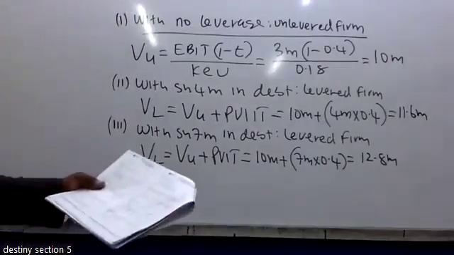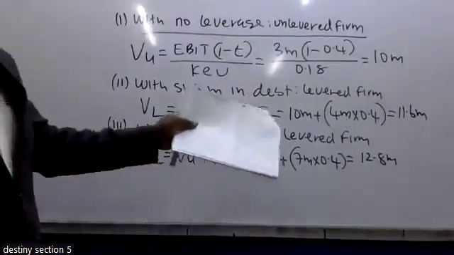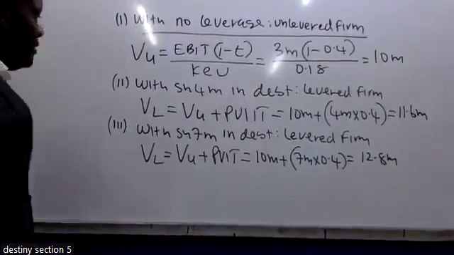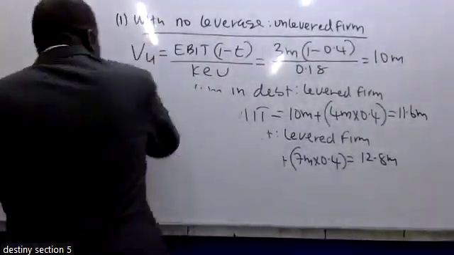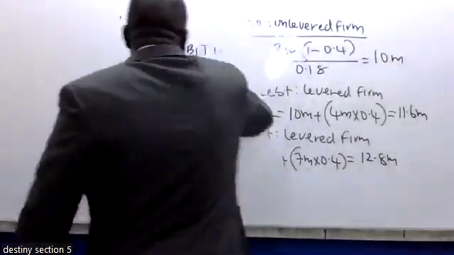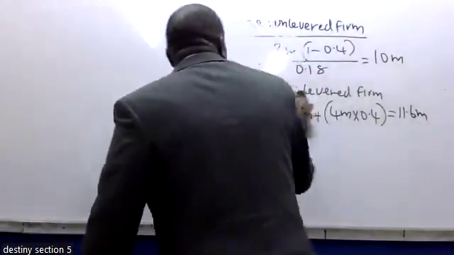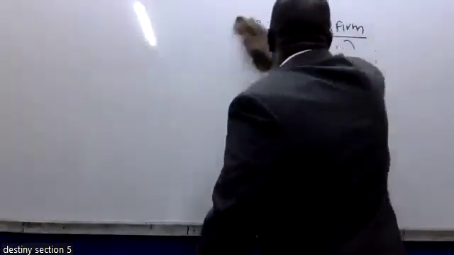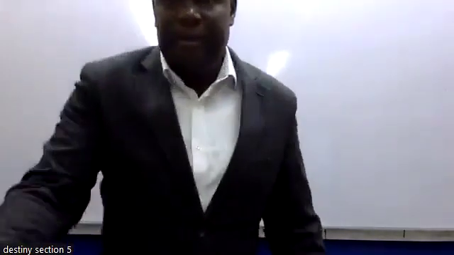So let us start with Roman letter 1. We are repeating what we have just done, but now there are corporate and personal taxes.